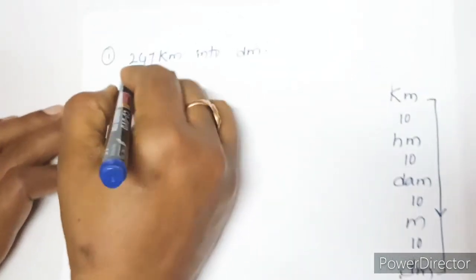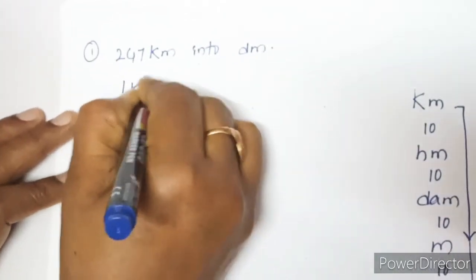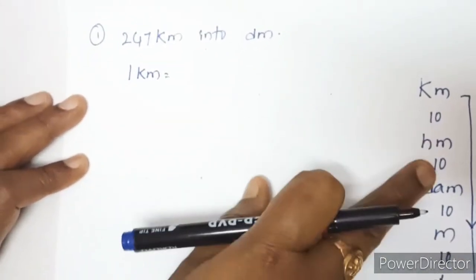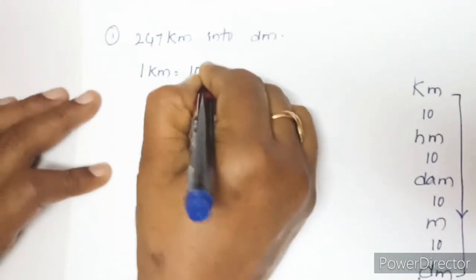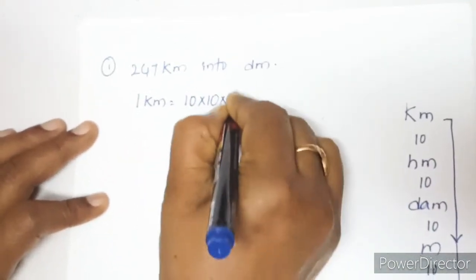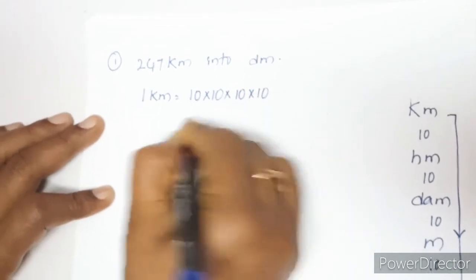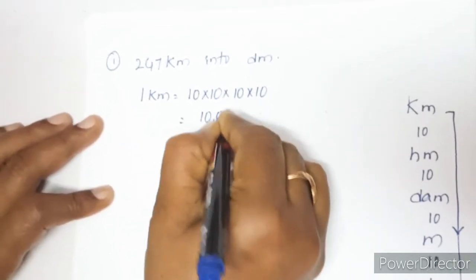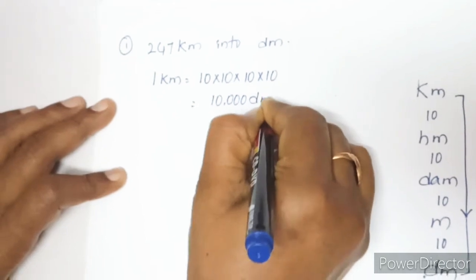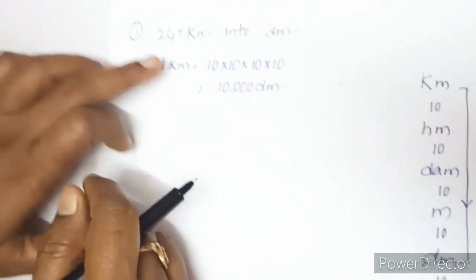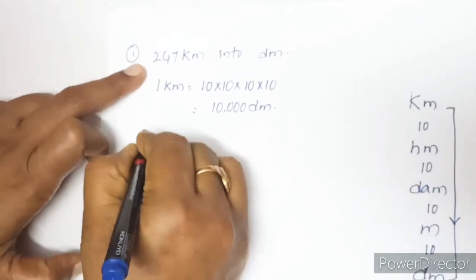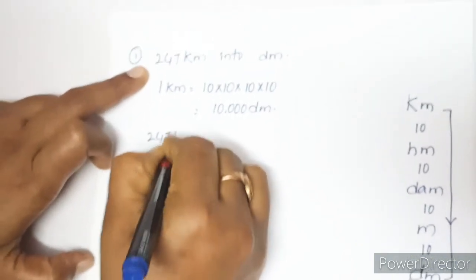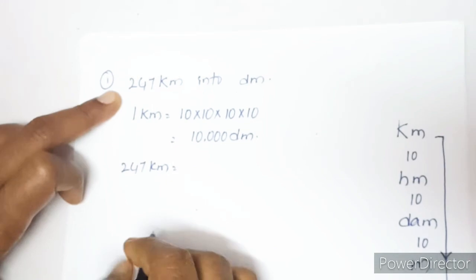So first write 1 kilometer is equal to 1, 2, 3, 4 steps. So 10 into 10 into 10 into 10, which is 10,000 decimeters.